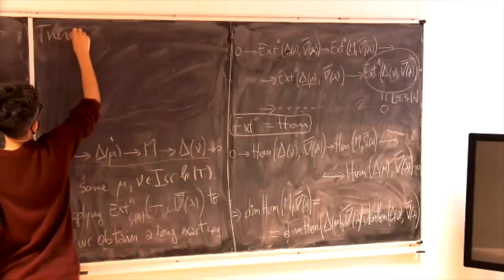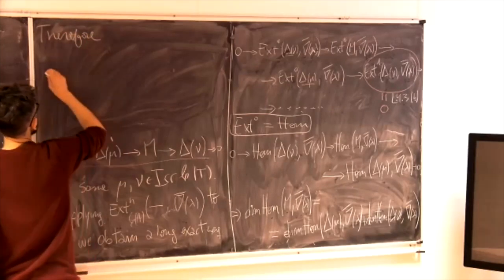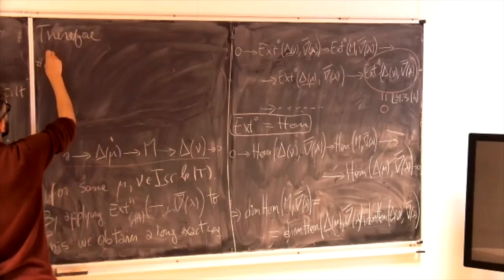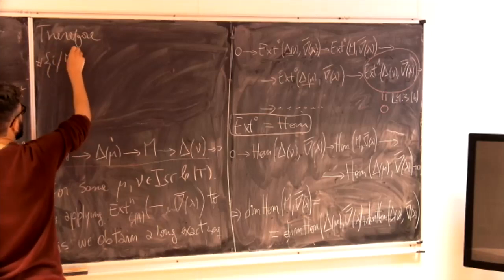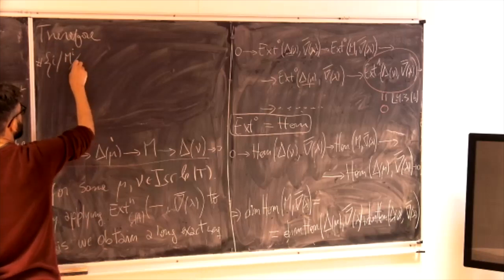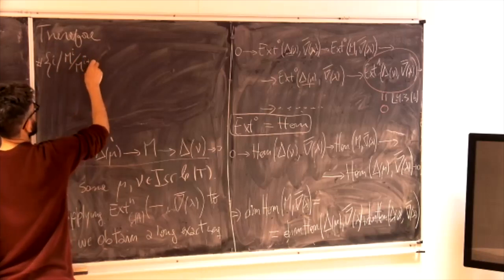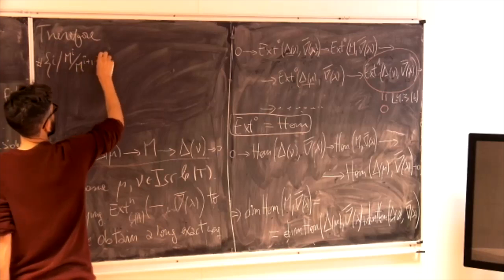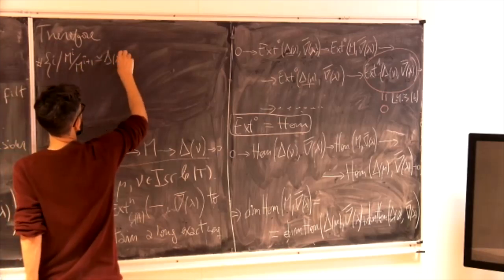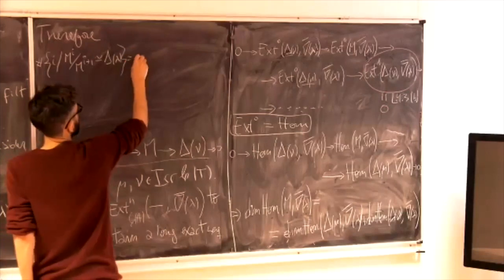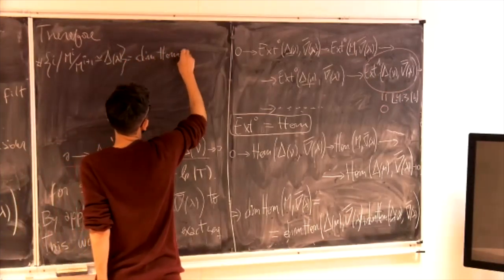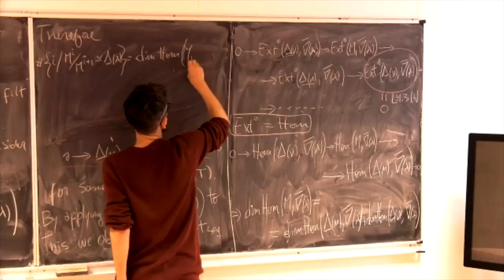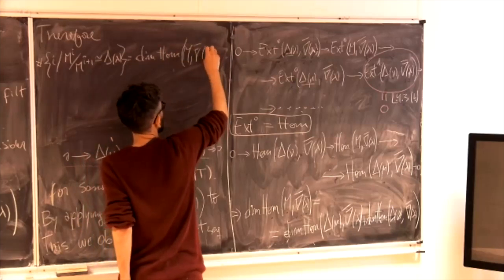Therefore, the number of i such that M_i is isomorphic to Delta lambda is equal to the dimension of Hom between M and nabla lambda.